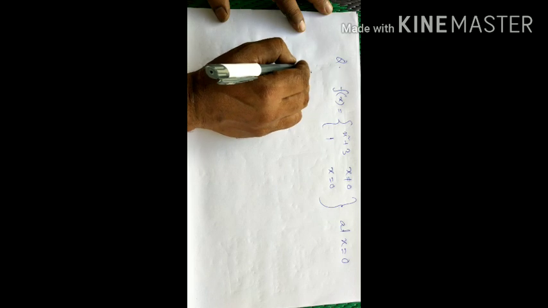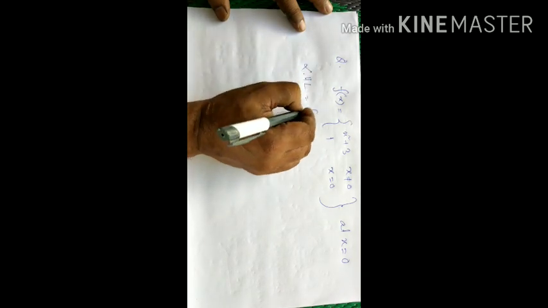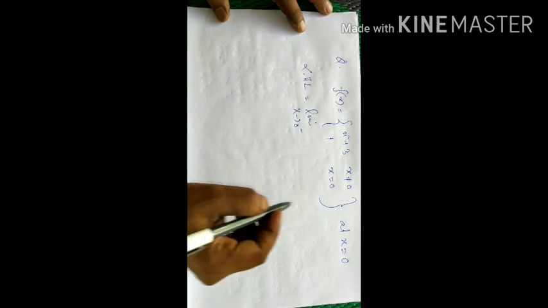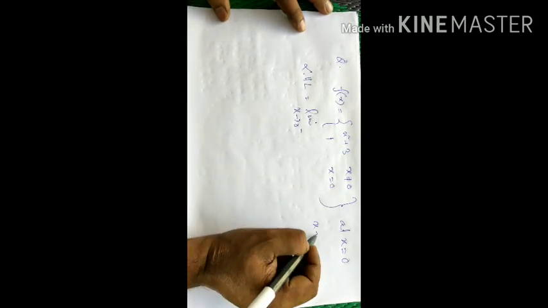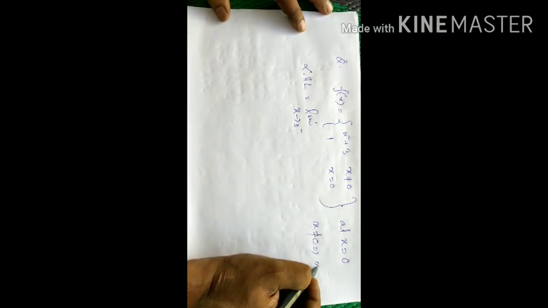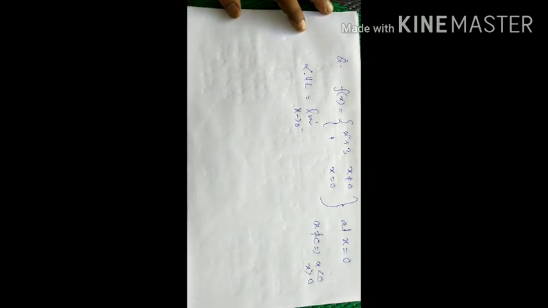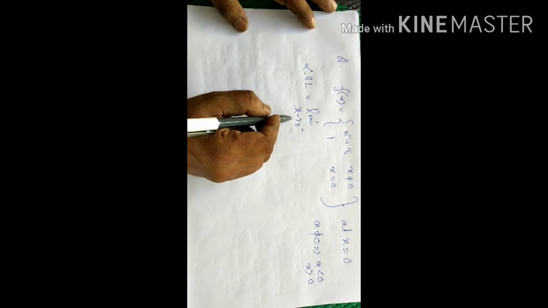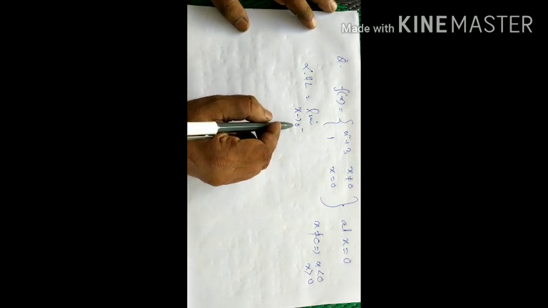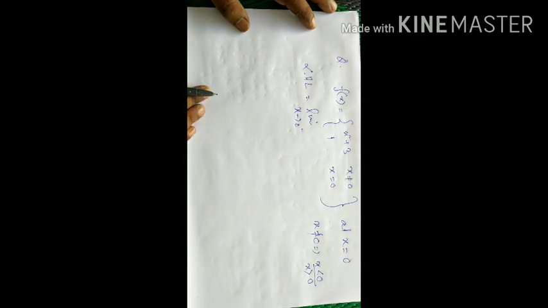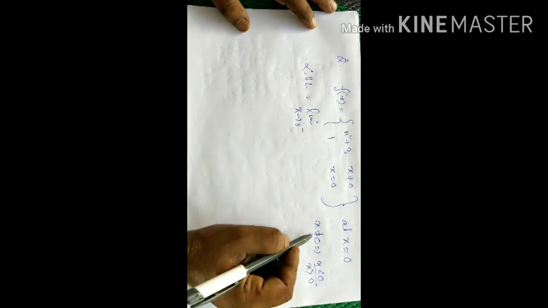What will be your left hand limit? Limit x tends to 0 minus, x not equal to 0. Here x not equal to 0 means x less than 0 and x greater than 0, both are included in this particular condition. So x tends to 0 minus means x is less than 0, and x is less than 0 means x not equal to 0.